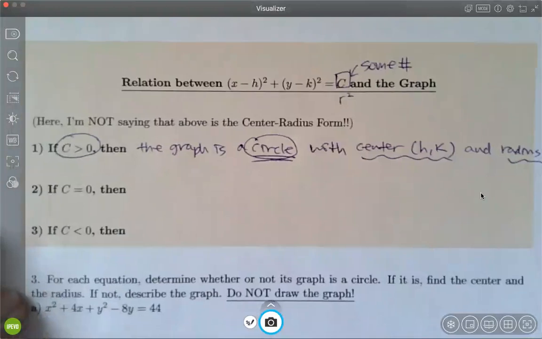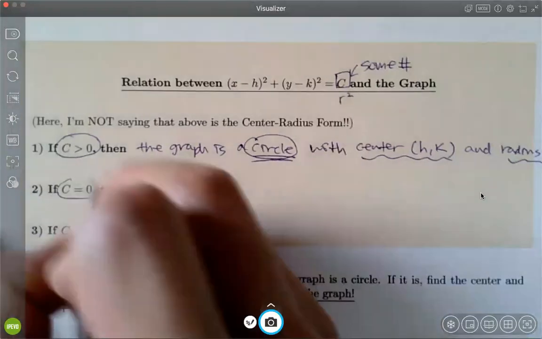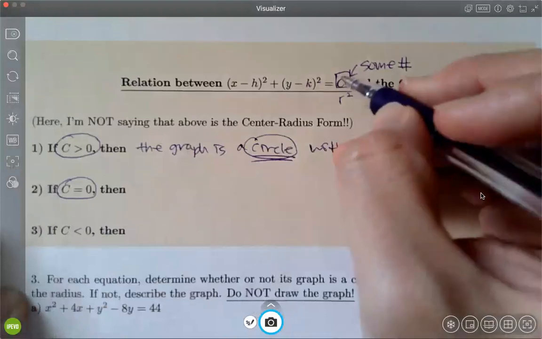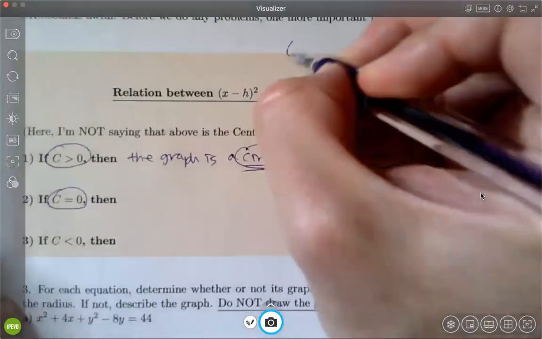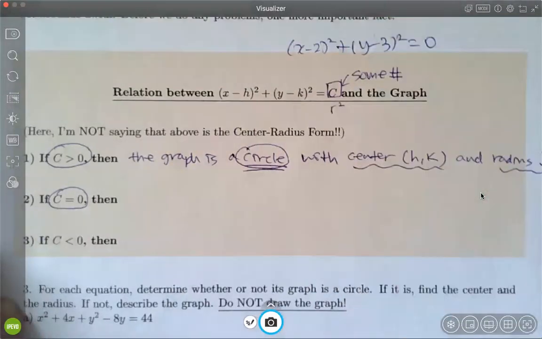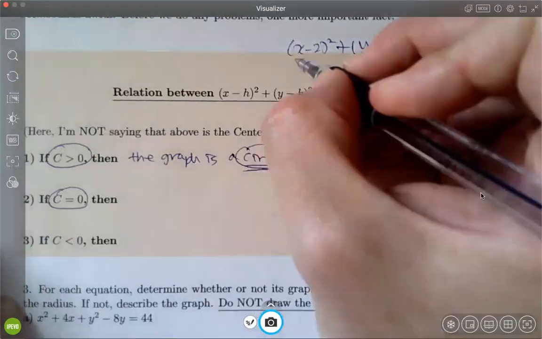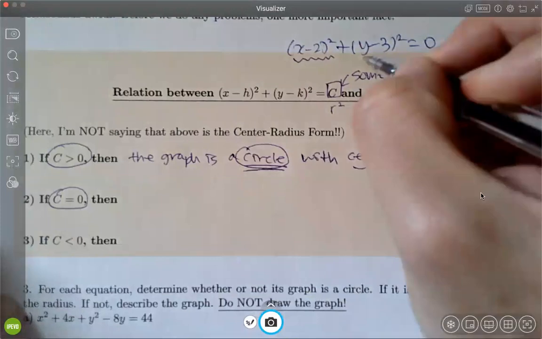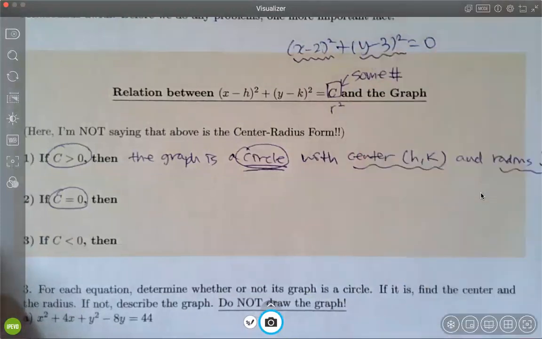Now, if c is equal to 0, for example, you have something like this. Now, you are squaring something, and same thing for this. And whenever you are squaring any number, what's the sign? It's always positive, right?